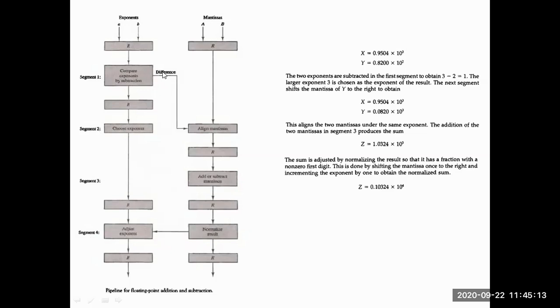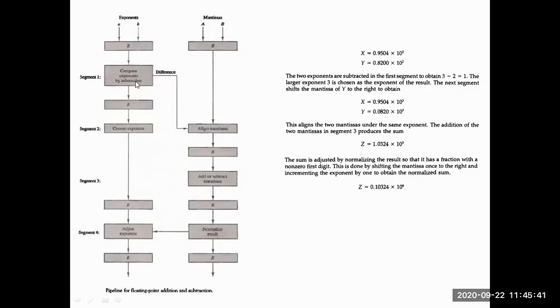So how will this now become a pipelining concept? If we have two numbers, they will be compared by subtraction, then their alignment of mantissas will happen. At the same time, two new numbers will come, and their exponents will be subtracted. So in the first clock cycle, maybe x1 and y1 will be here.